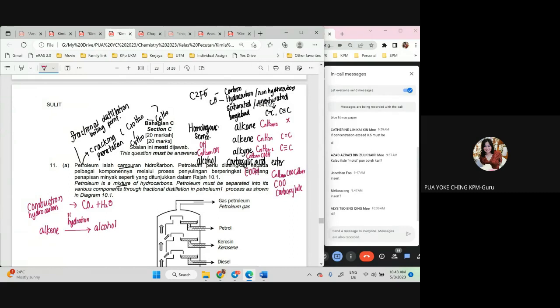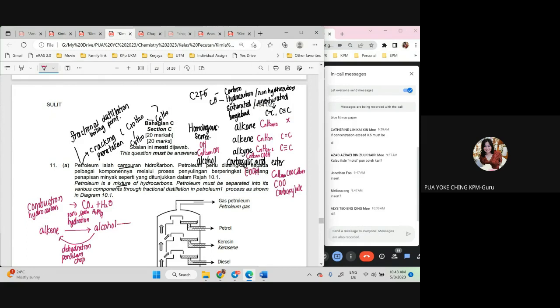So, kena 300 degree Celsius, 60 atm, and you need your phosphoric acid, H3PO4. Alcohol boleh balik ke alkene, we call it dehydration. Okay, ini kita kena guna porcelain chips. Okay, gambar dia kena ingat sentiasa keluar.